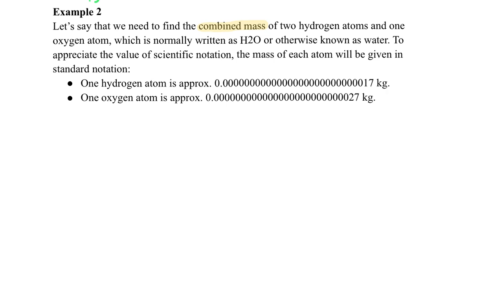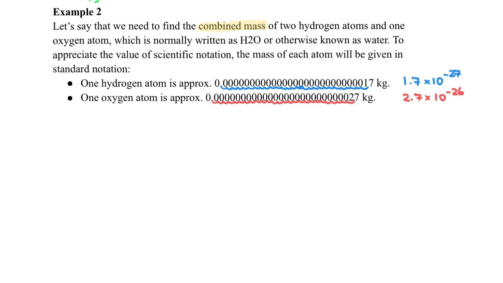To appreciate the value of scientific notation, the mass of each atom will be given in standard notation. Okay, so the first thing I want to do is convert both of these tiny numbers into scientific notation. I think by this point you should know how to do that. So I'm going to pause the video, I'm going to convert it, and you should pause the video and do the same thing.